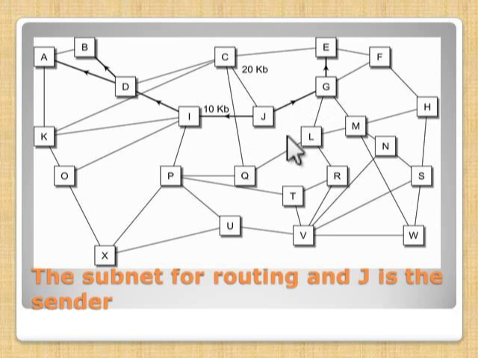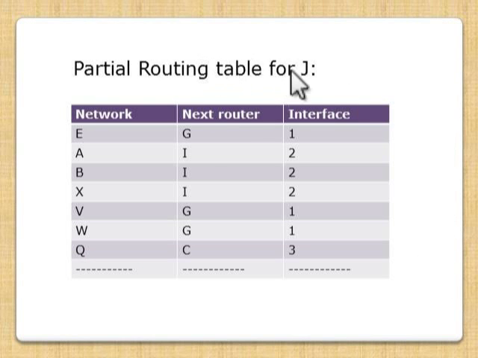J sending data to Q, the next router will be C and the interface will be E, G and C. There are three interfaces. Now the routing table from J, with the network, next router and interface, we have already discussed in the figure.